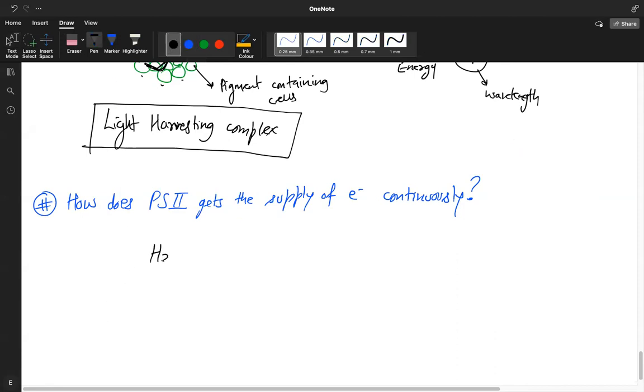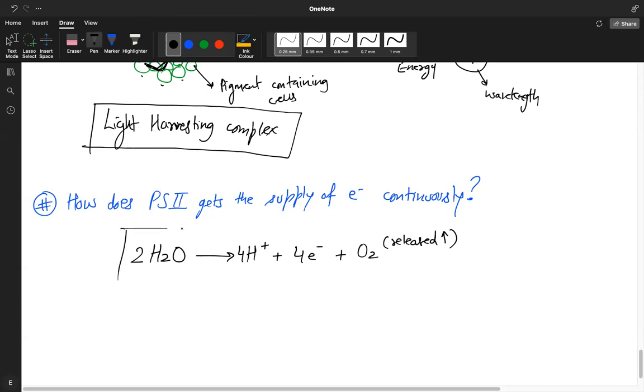So water, and where does water come from? Roots. Plant absorbs water from the roots. Simple. So this water is split into, it starts with 2 molecules of water, which splits into 4 H plus, 4 electrons plus O2, which gets released, right?